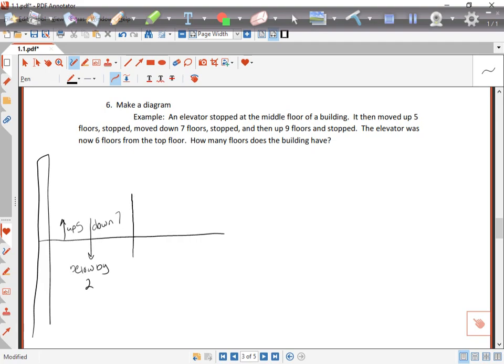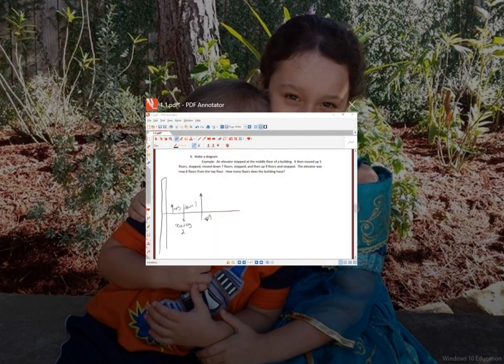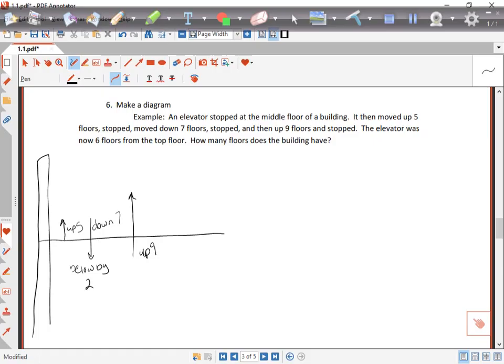Then it goes up 9. We know it's already down below by 2. From here to here was 2, which leaves this to be 7 floors. Then it says it's still 6 floors from the top.